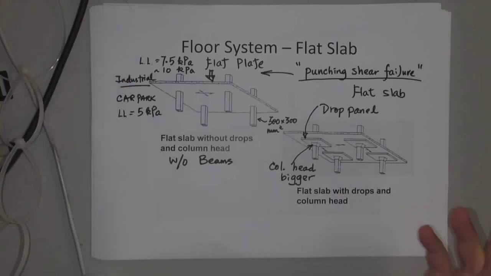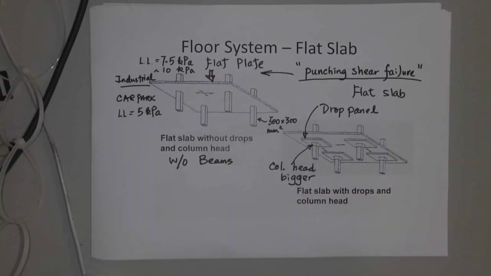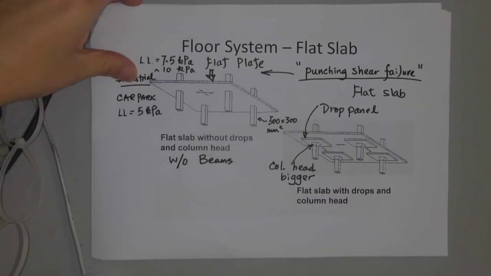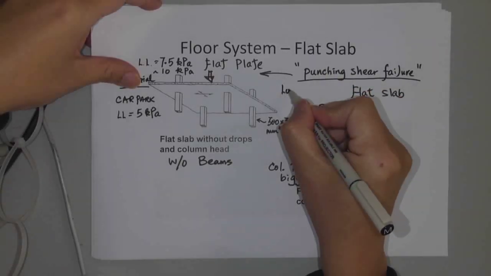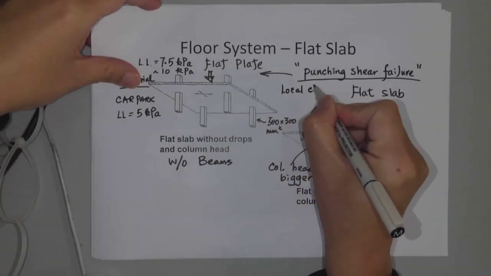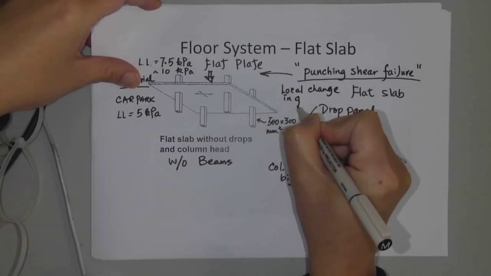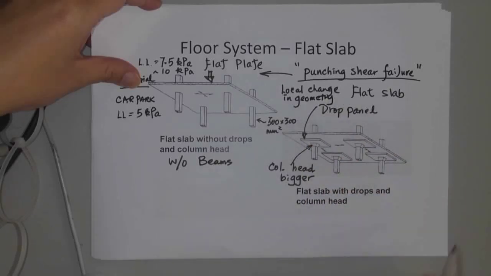You change the geometry. You don't change the material. You don't change the layout. You just change the geometry locally. Right, so I can mark it local change in geometry. That will solve the problem.